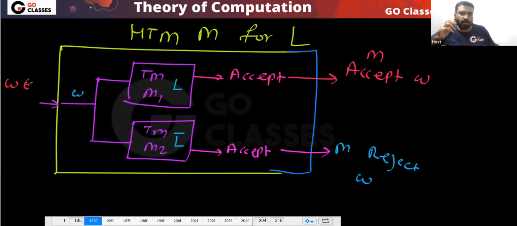If you give a W not belonging to L, then definitely this will happen. Agree or not?